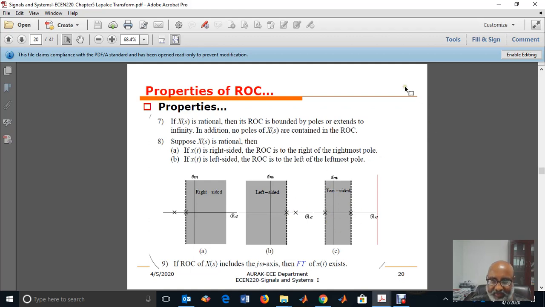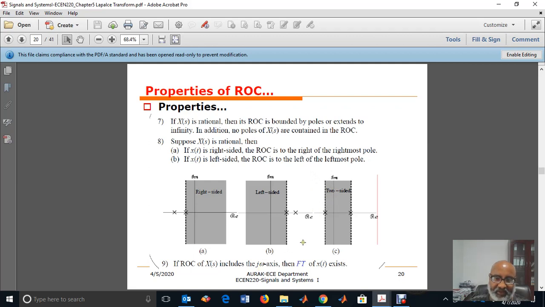Now, one thing that we have to know: if the region of convergence includes the j omega axis, what is the j omega axis? The j omega axis is sigma equal to 0. So if it includes the j omega axis, then we say the Fourier transform of x of t exists.